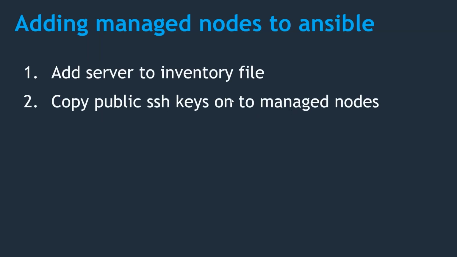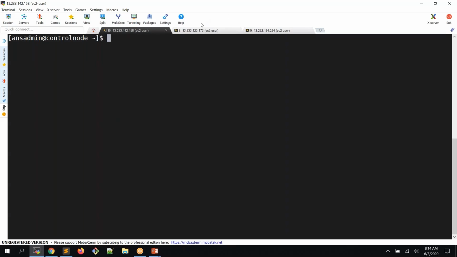And we need to do step 1 also: add server to inventory file. So far I just enabled the passwordless authentication at the operating system level. We haven't touched anything at the Ansible level. Now we need to tell Ansible which servers we need to manage.